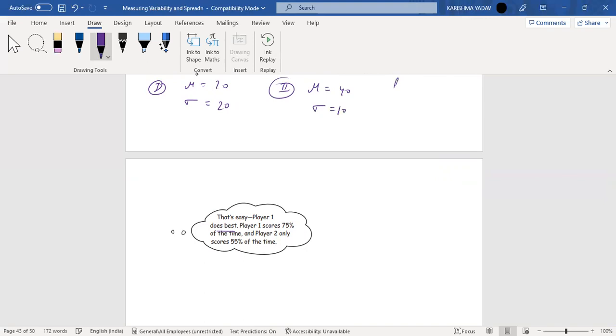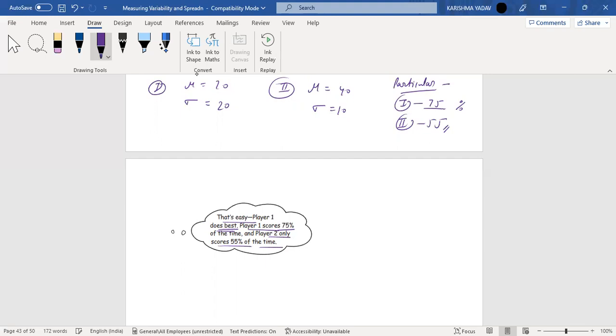In a particular match, the first player scored 75% of the time and the second player scored 55% of the time. Which player does best against their personal track record? It says that's easy, player 1 does best, because player 1 scores 75% and player 2 scores 55%. So player 1 scores better.